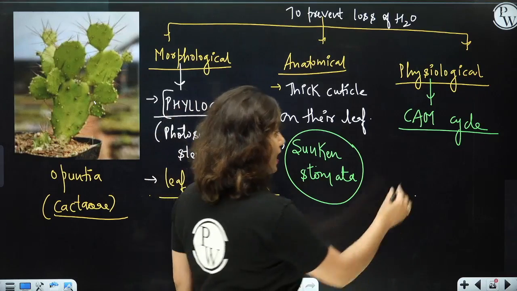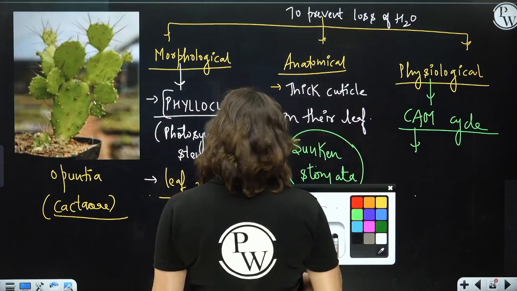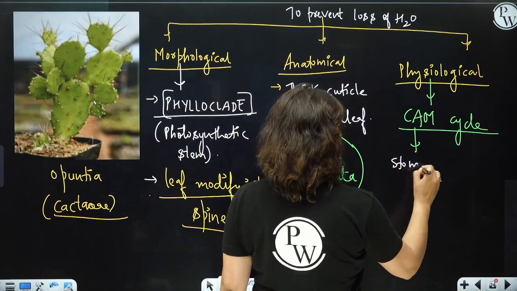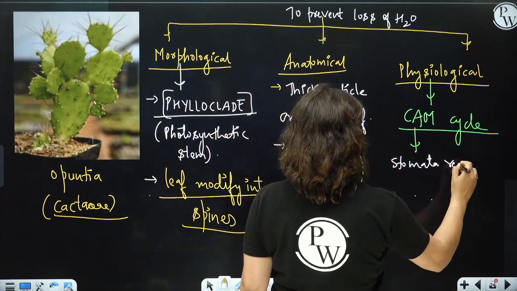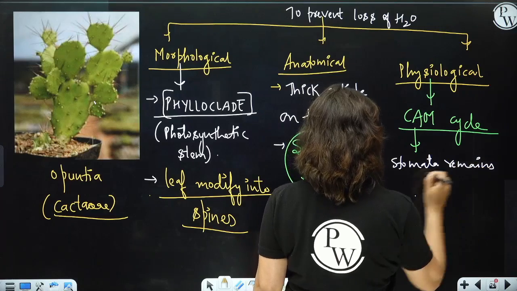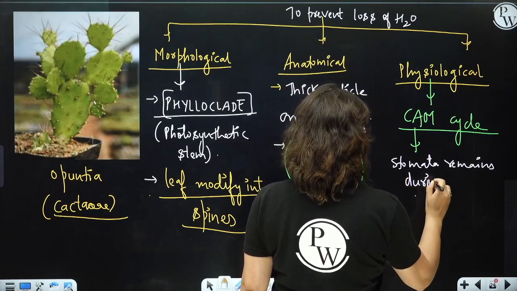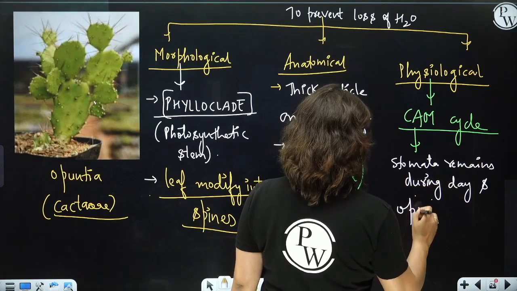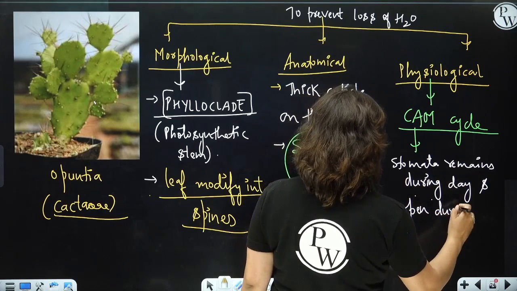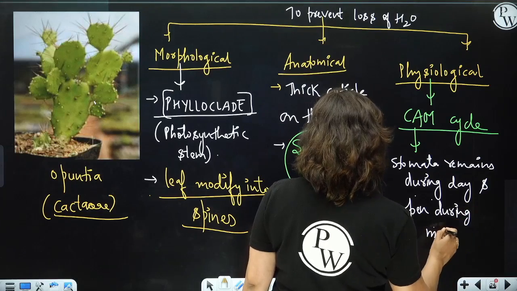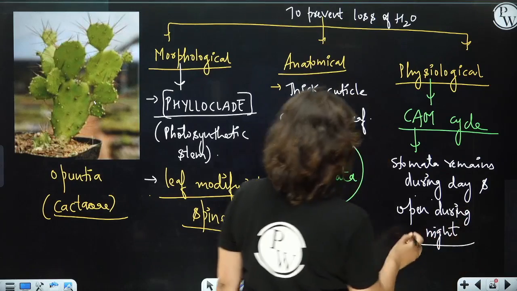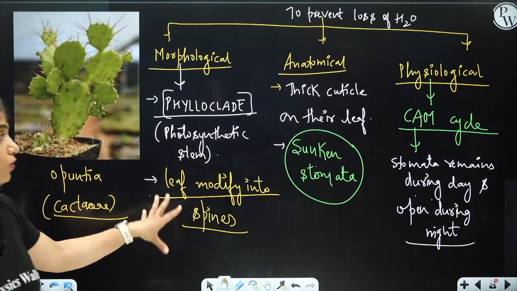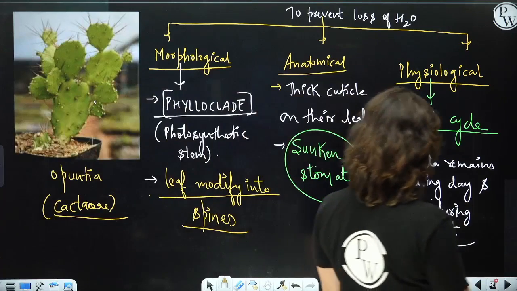Because during the CAM cycle, the stomata remain closed during day and open during night. So that is why they prevent the water loss during day. Okay, so these are beautiful adaptations shown by the plant Opuntia.